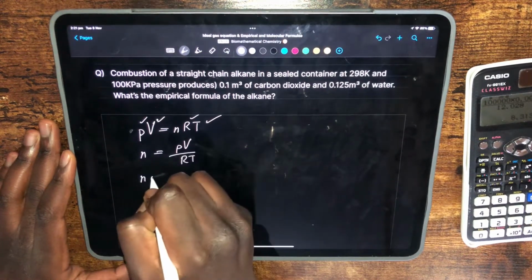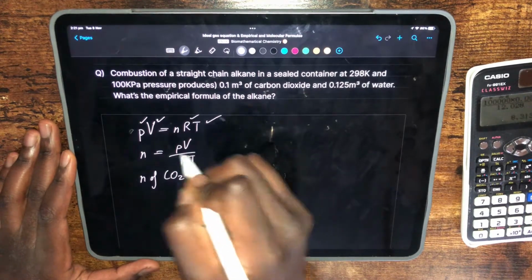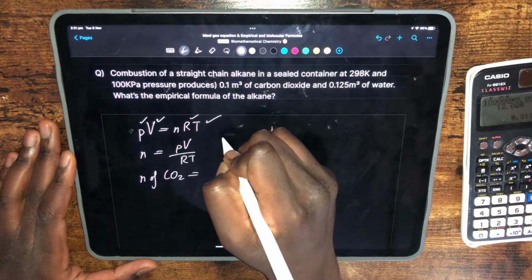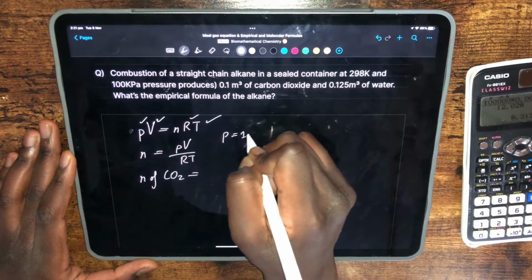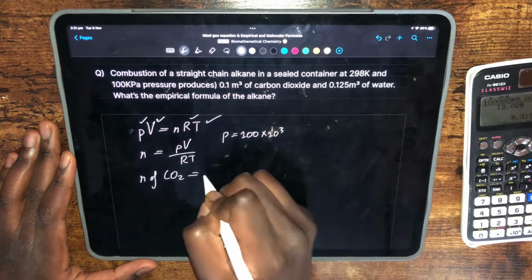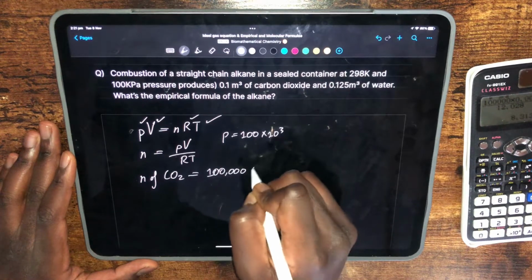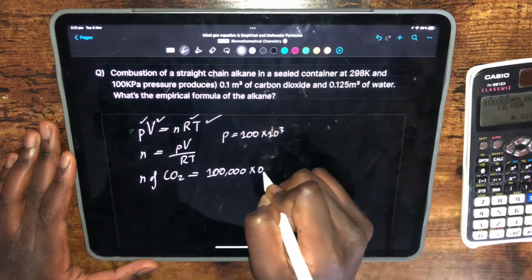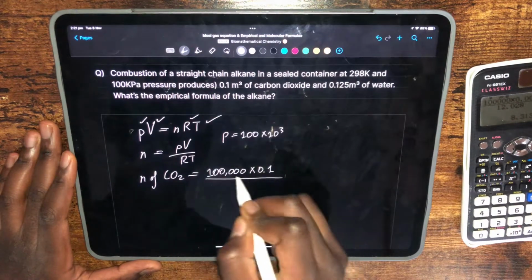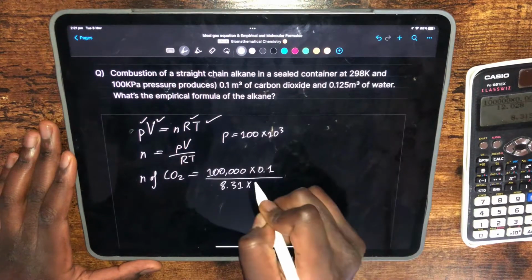The moles of carbon dioxide: remember the pressure is 100,000, not 100, so it's 100 times 10 to the power 3, or 10 cubed. Times the volume, which is 0.1, because they've already given it to you in meters cubed, so that's quite useful, over 8.31 times the temperature, which is 298.